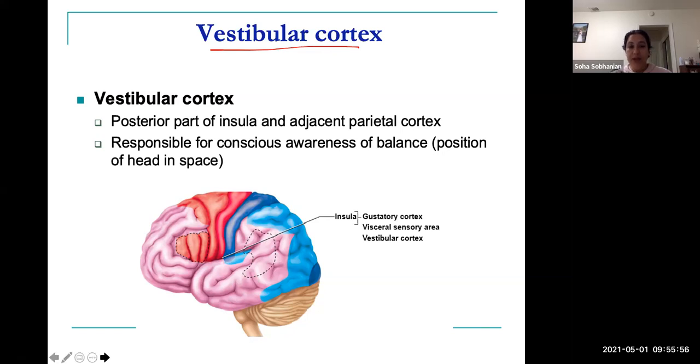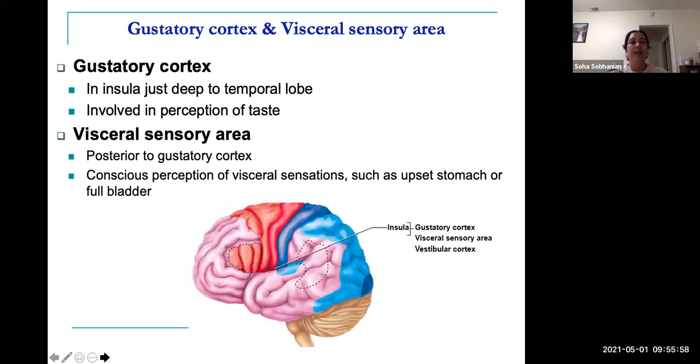Another thing that your insula does is your sense of gustatory. I don't know if you have heard of that one before. The word gustatory implies your sense of taste. Sense of taste is actually relatively weak, so it doesn't really need a big part of your brain for processing. So that's also done by your insula, which is deep to your temporal lobe.